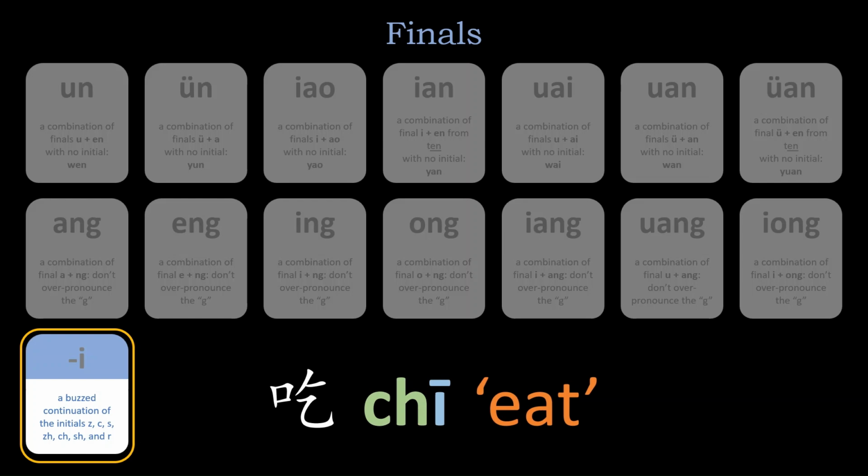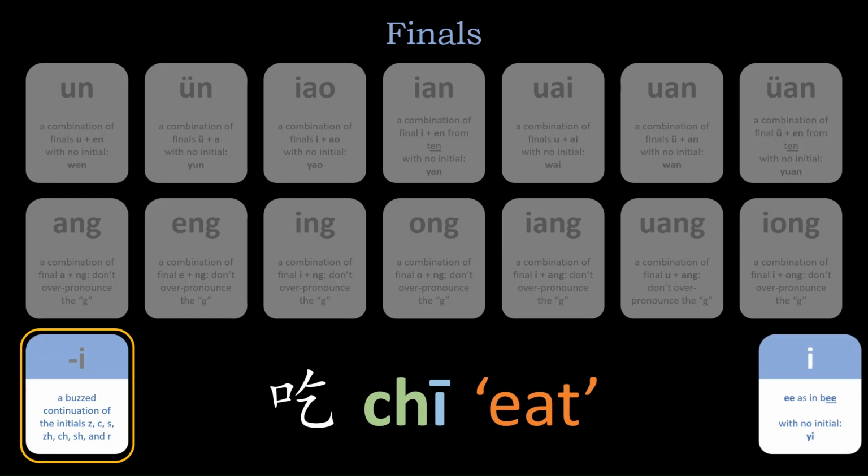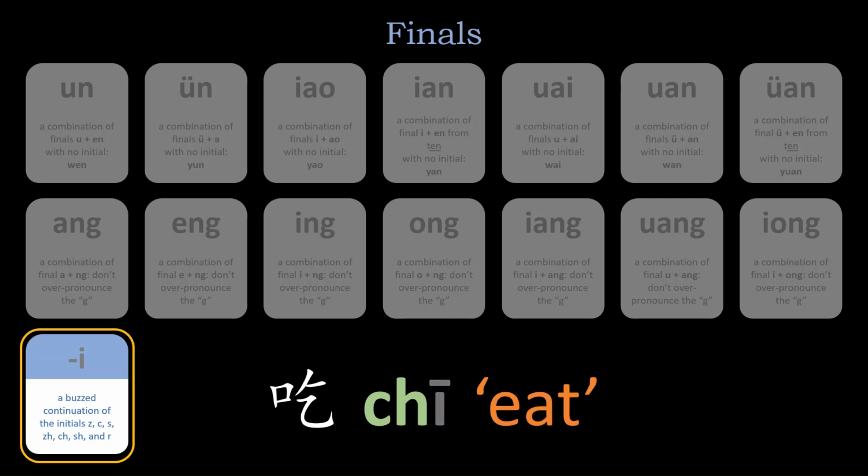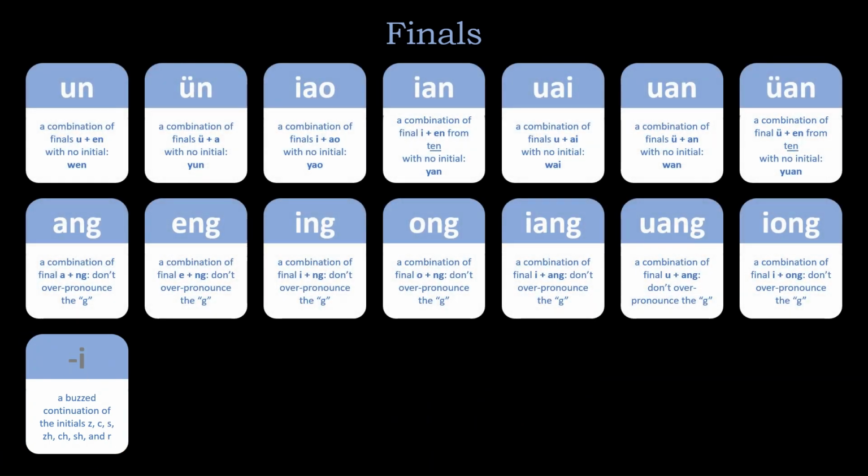So it's not chi or chai. This would be incorrect. That is how we say the word for eat. So let's practice this with the 7 initials that have this buzzed continuation. Z, c, s, zh, ch, sh, r.